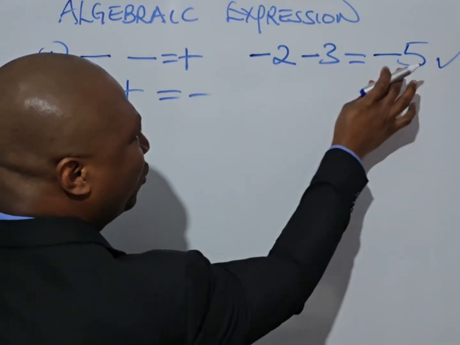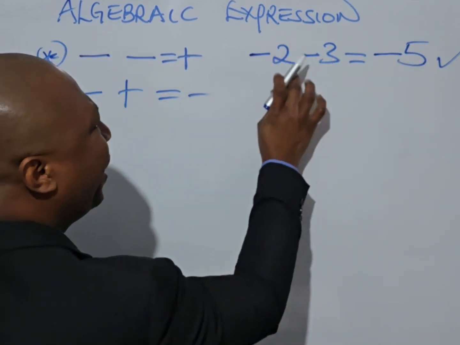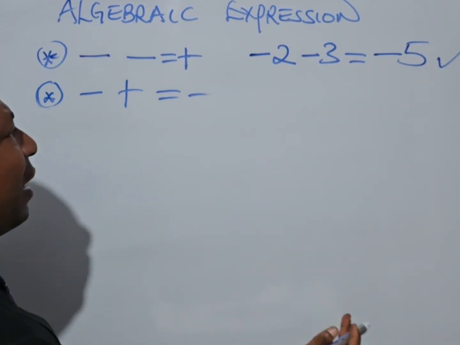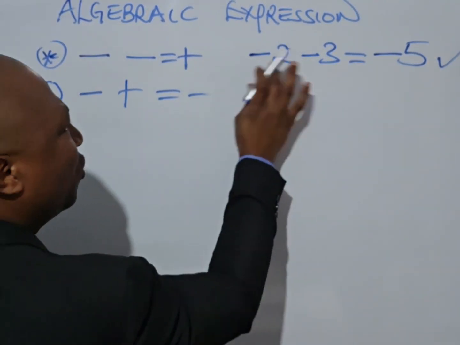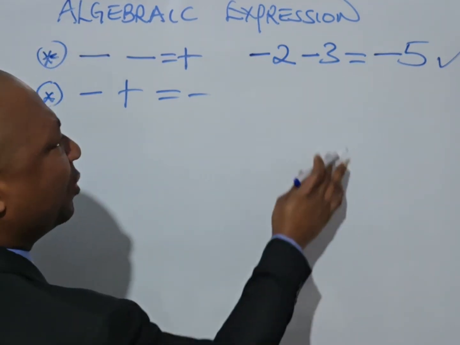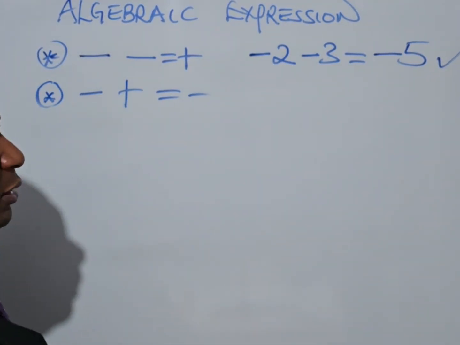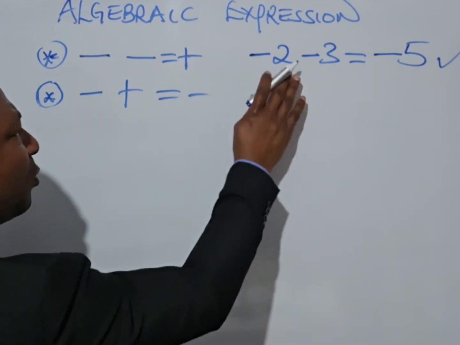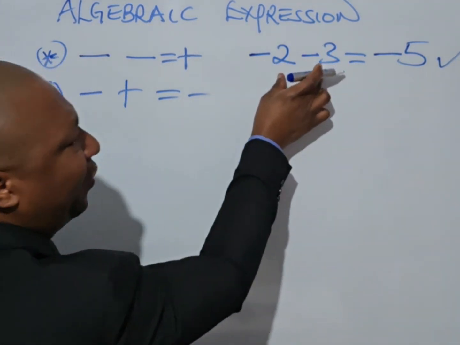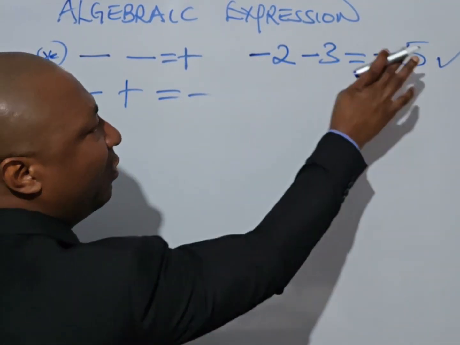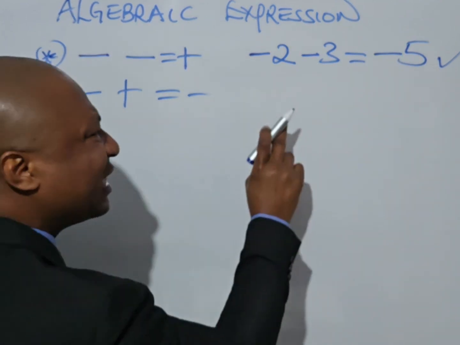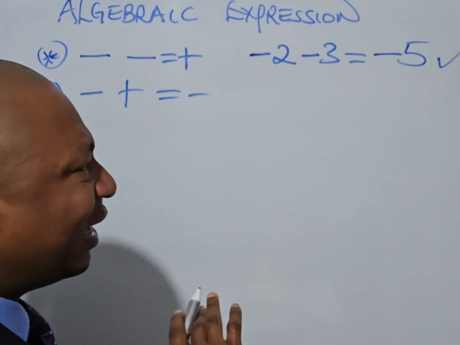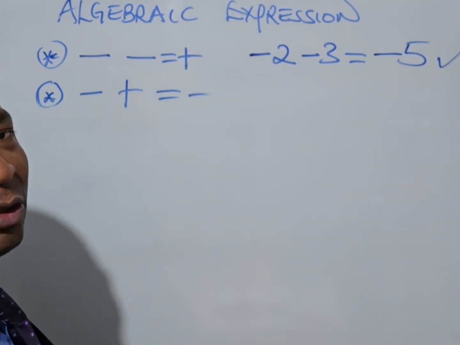You add the two numbers together, which is 5. Then you pick the sign of the bigger number. Fortunately, the two signs are the same, so you pick one of them. The principle is that it gives you a direction to add the two numbers together. Once you have the number, pick the sign of the bigger number and enter it in front of the numbers you have added.